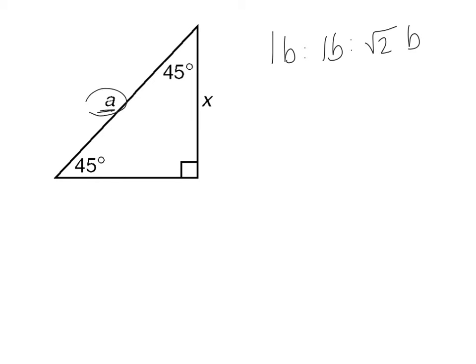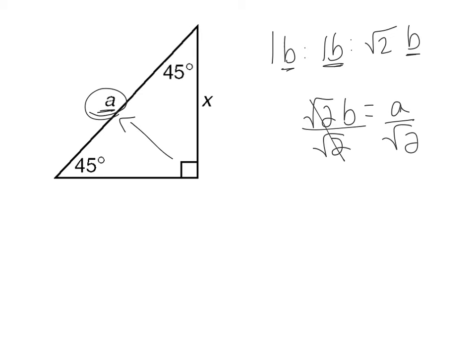Okay, so they're telling you what the side opposite the right angle is. So that's radical 2 times b is your a. So this number that you multiply by is what you need to solve for. So b is equal to a over radical 2.